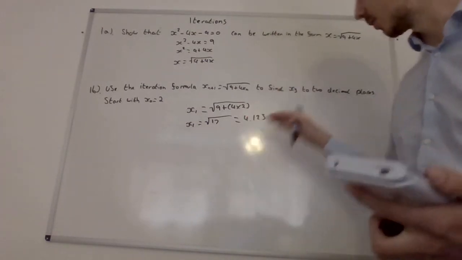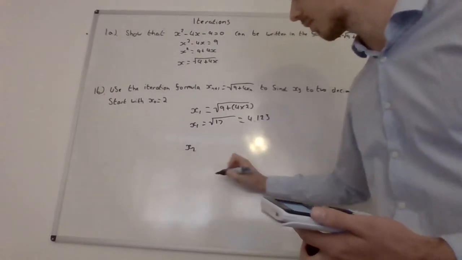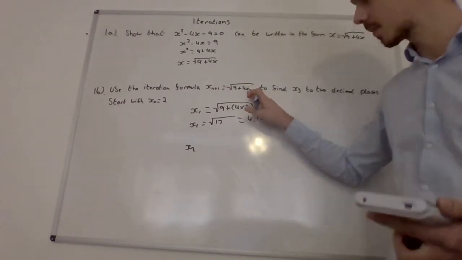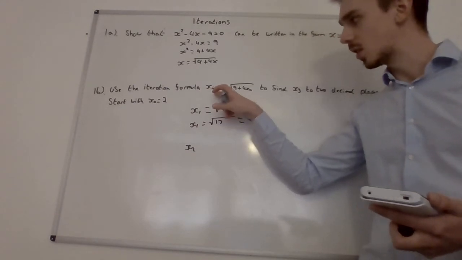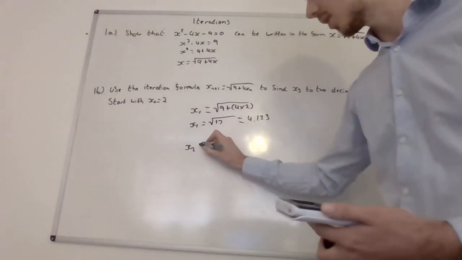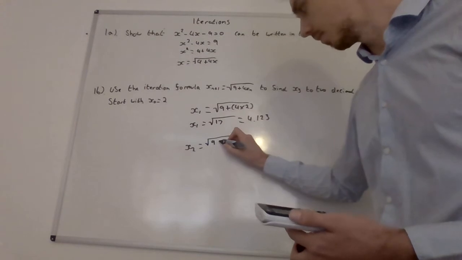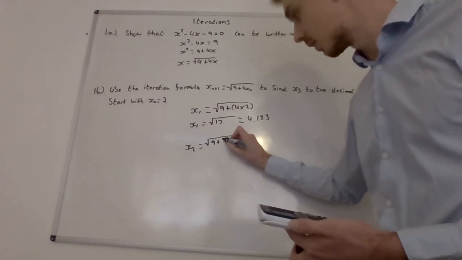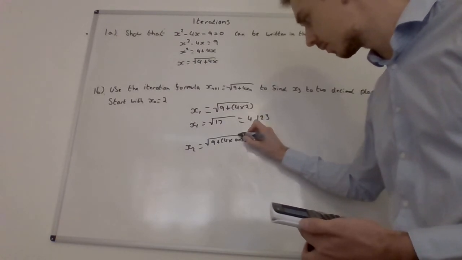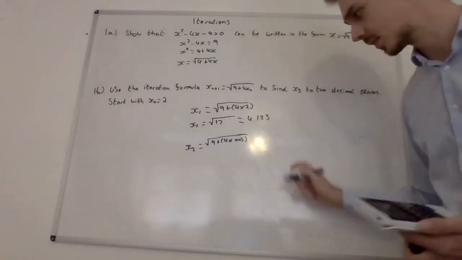I now want to find x2, because we're trying to get all the way to x3. So for x2, remembering our formula, if we put in x1 into this formula, it's n plus 1, so 1 plus 1 will be 2. So x2 equals the square root of 9 plus 4 times, and I'm going to write answer, because that was the answer we got there, and that's what I'm going to be putting into my calculator each time.